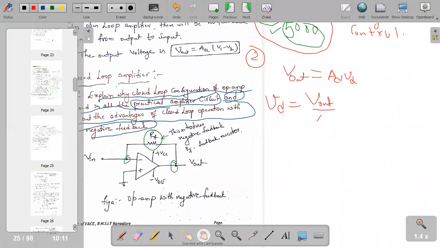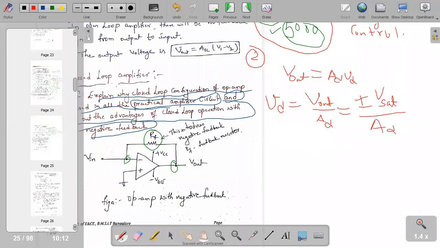Now please understand here, the maximum achievable output of the op-amp is plus or minus its saturation voltage, which I will come to later when we discuss the saturation property of an op-amp, divided by AD.